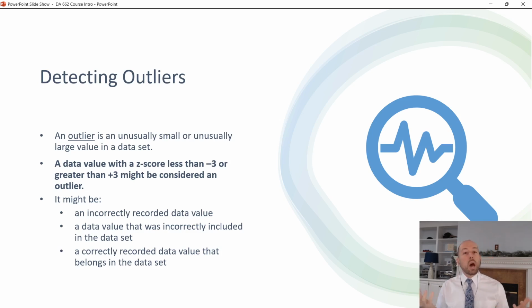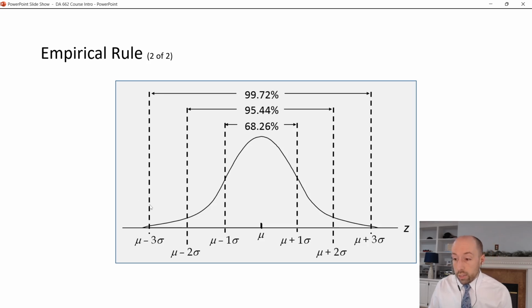But perhaps the most common rule for tagging outliers is a data value with a z-score less than -3 or greater than +3. The idea here is if the data came from a normal distribution, these observations more than 3 standard deviations below average and these observations more than 3 standard deviations above average are exceptionally rare.